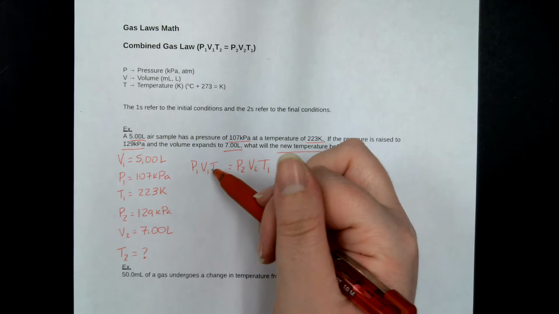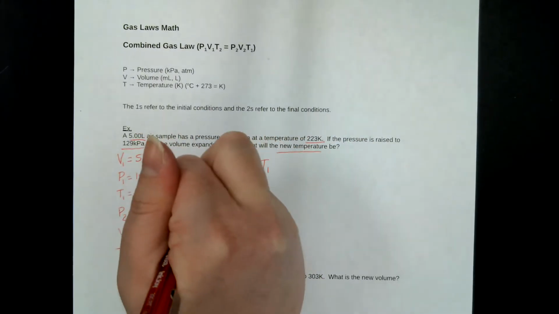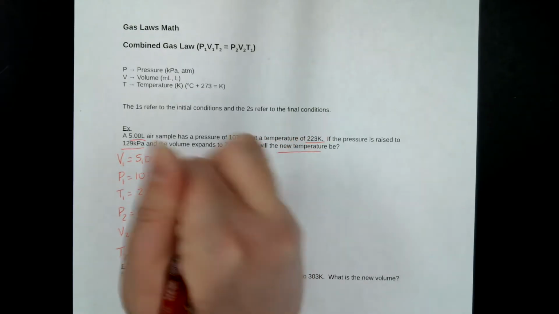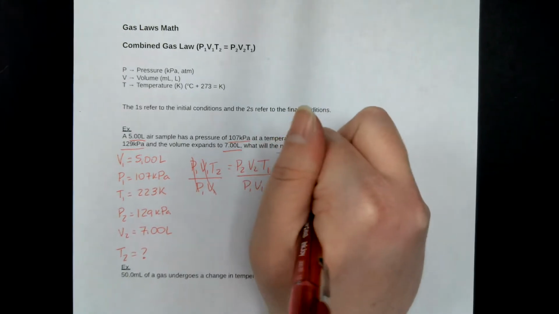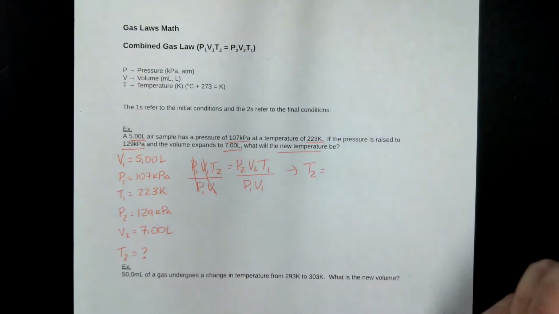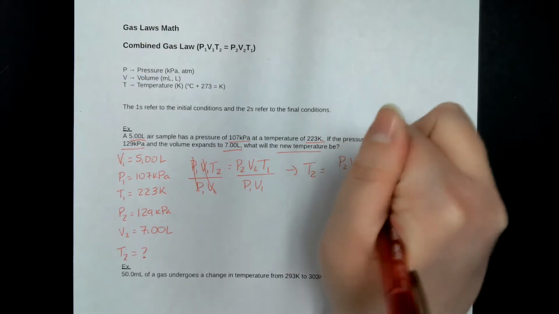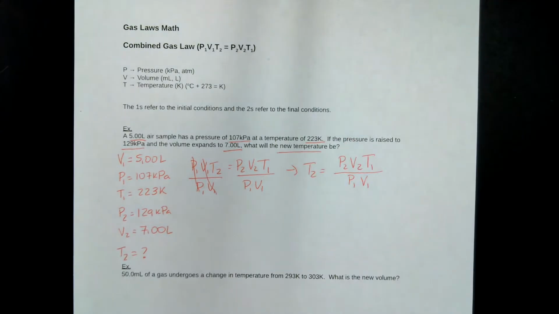So to make sure that T2 is by himself, I'm going to divide out P1 and V1 from both sides. And that leaves me with an equation. T2 is equal to P2 V2 T1 divided by P1 V1.